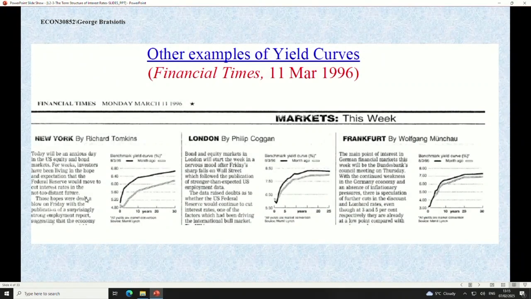But then it says a report came out, right? That was surprisingly positive because it showed strong employment. In other words, that employment is getting higher, a sign of economic activity. So the revised yield doesn't have that dip anymore.